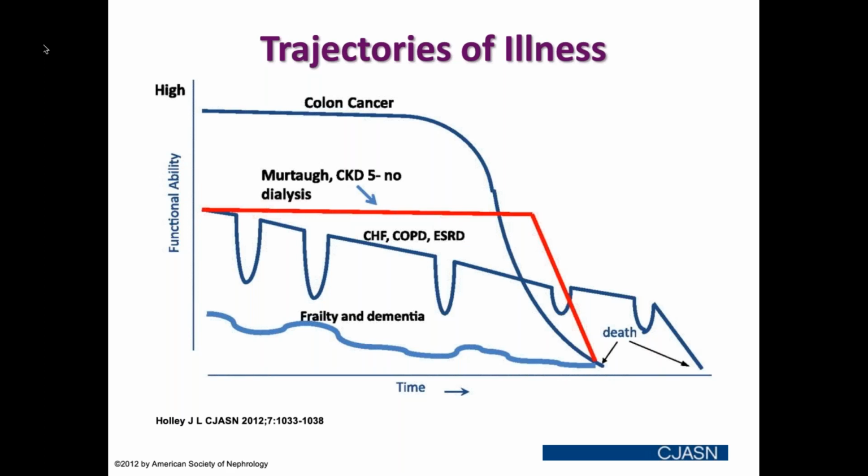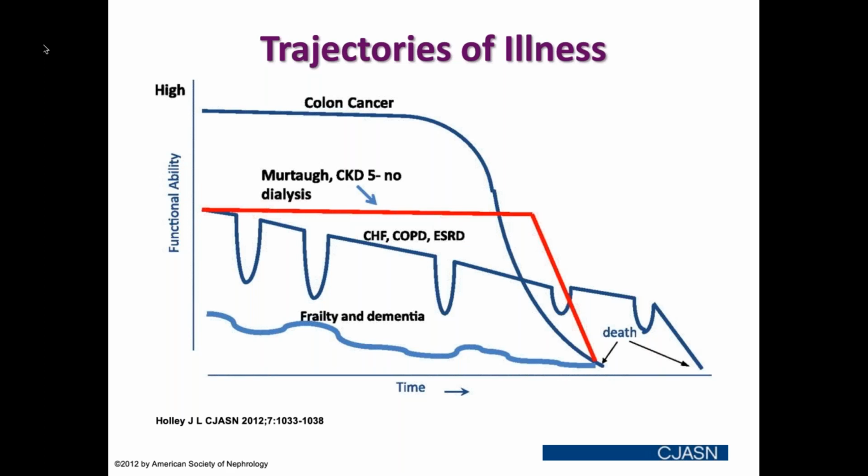And often they come out of this acute illness, but when they come out, they're never at the same level that they were at before. And again, they continue to go downhill and eventually they die.